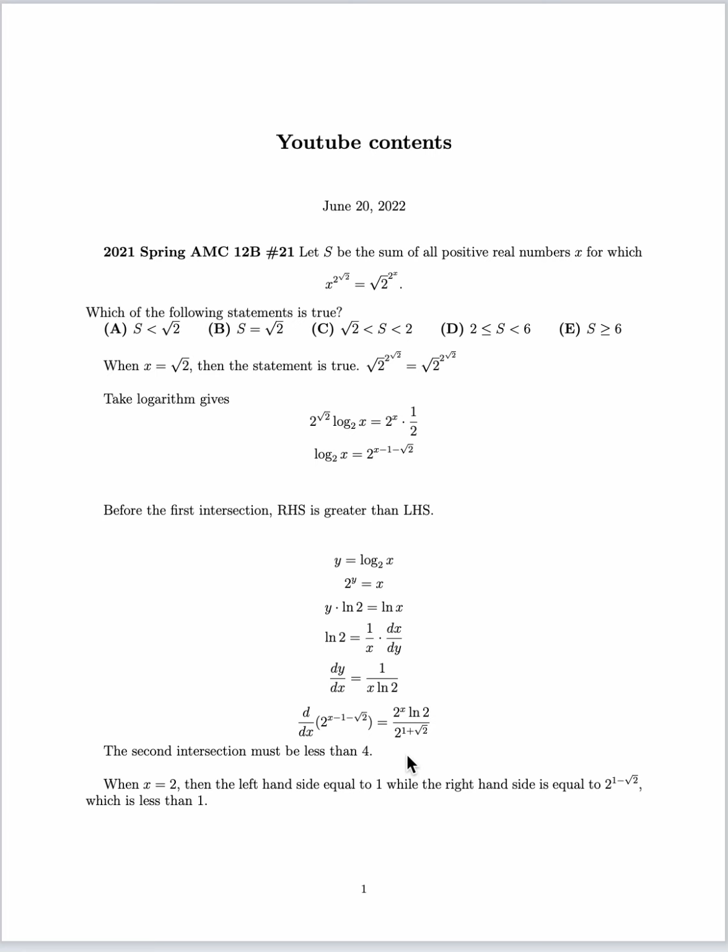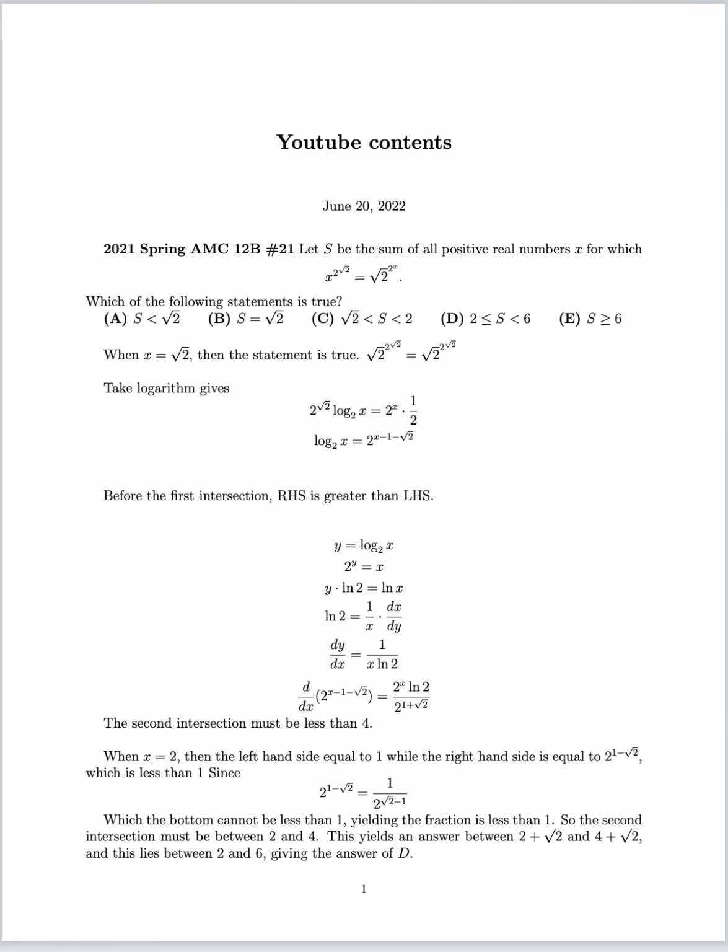So therefore, we know that there are only 2 intersections, which yields an answer between 2 plus square root of 2 and 4 plus square root of 2. And this lies between 2 and 4, giving the answer of D. So the answer should be D for this problem.